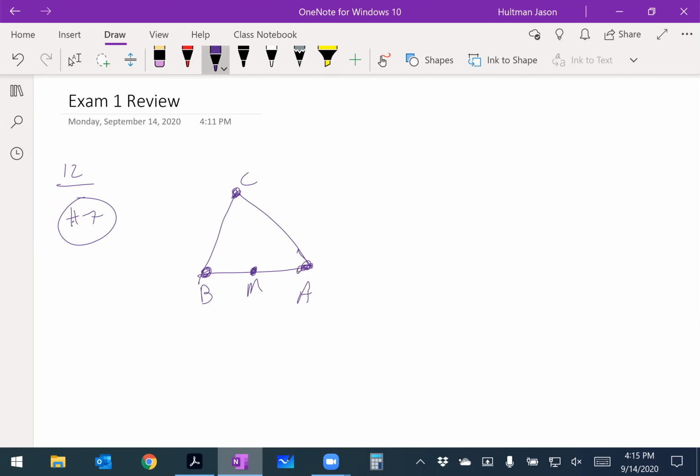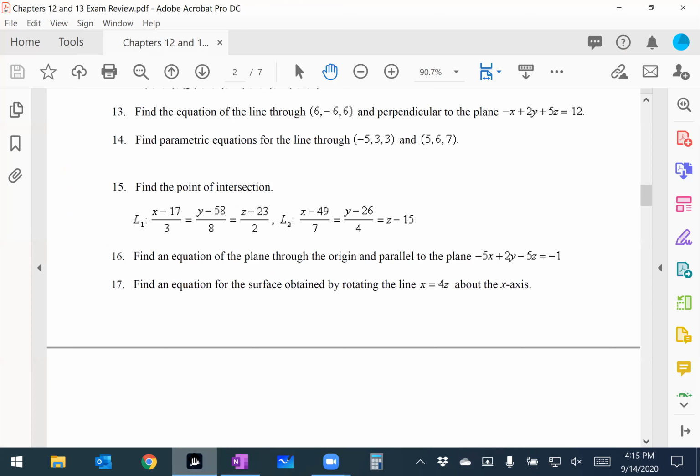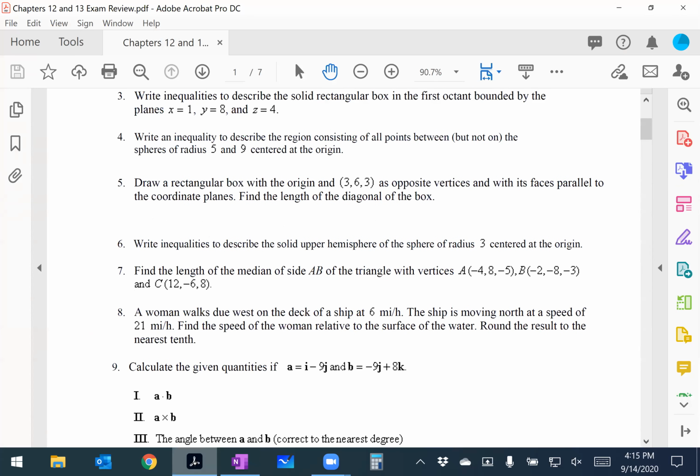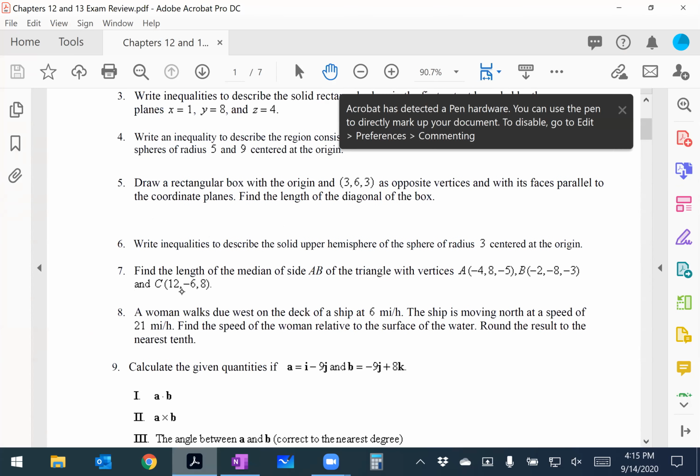So find the length of the median of AB of a triangle with these vertices.